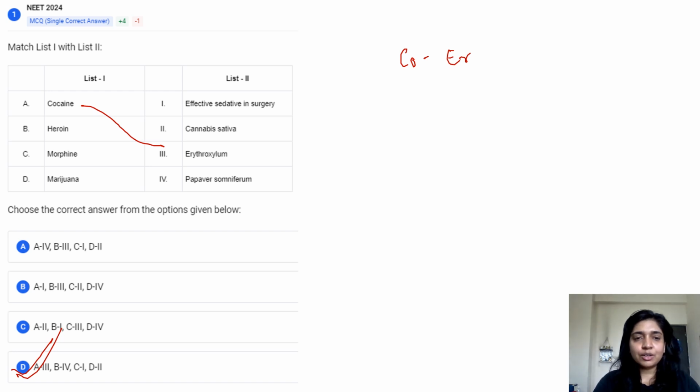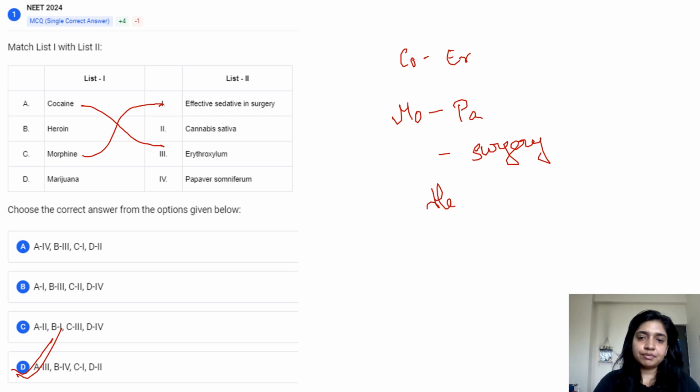But still, let's go ahead. When I was talking about morphine, I told you to remember it as MOPA. That means morphine is coming from papaver, and morphine is used in surgery as an effective sedative. So C will go with 1. Then heroin, I told you to remember as HEPA.